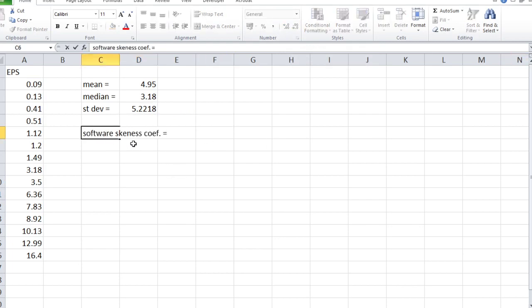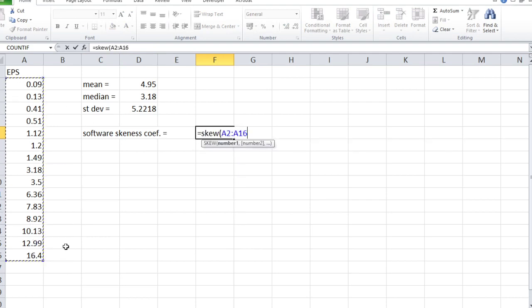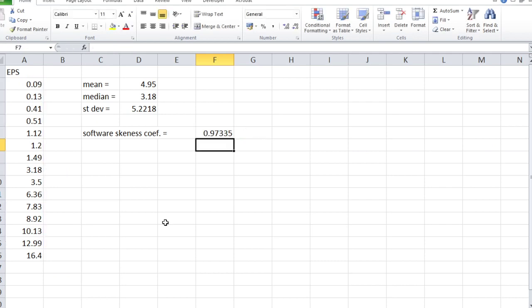Next, let's look at the skewness coefficient as according to the formula from the software. For that, just equals skew, open the brackets, again, supply the data, and done. We see a skewness coefficient of 0.973, let's say, or 0.9734.